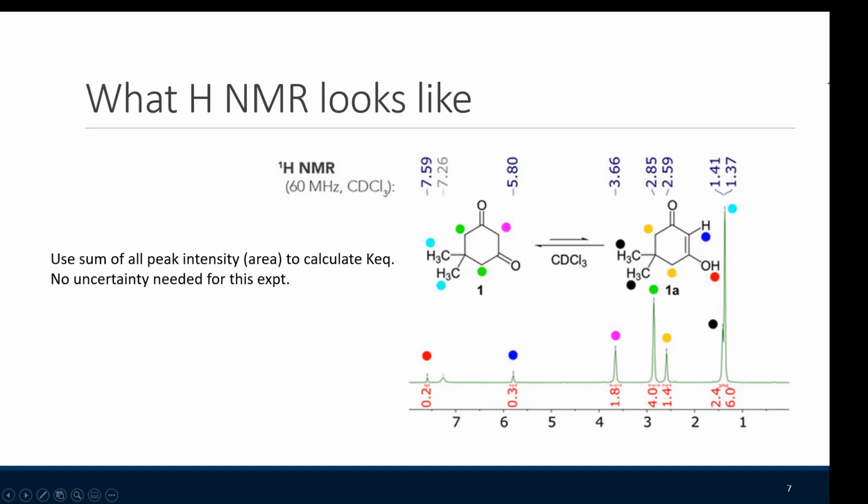And in the TopSpin or SpinWorks software I asked you guys to download in our first lecture, that software can help you identify the area under each peak.